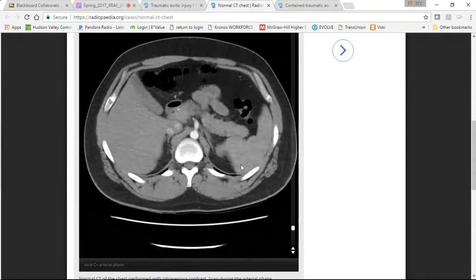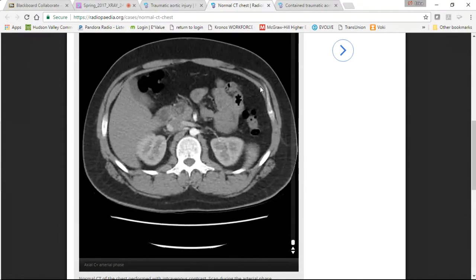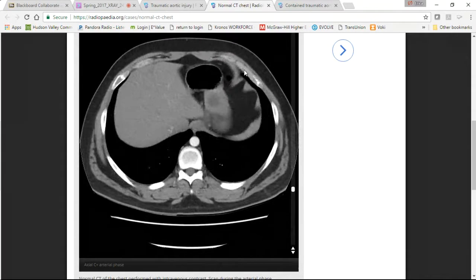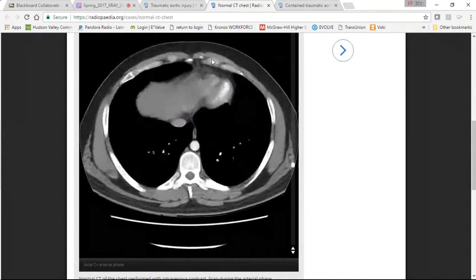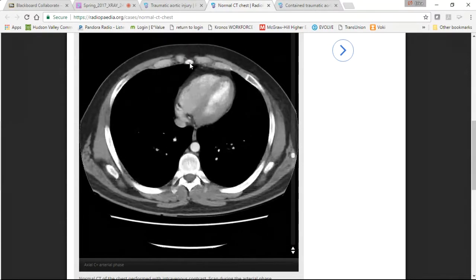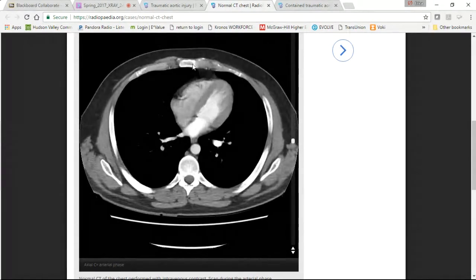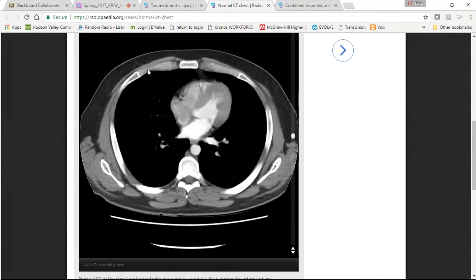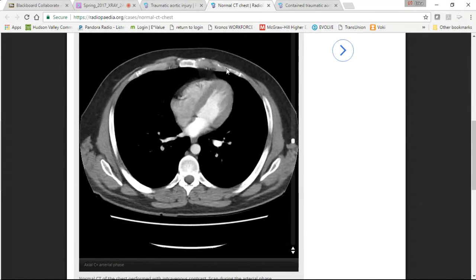Then there's the cartilage, and you're going to see this is all cartilage up in here, that comes up and articulates with the xiphoid, which you can see right there, and then the inferior border of the body of the sternum. This is all costal cartilage. Can you see this all in here?